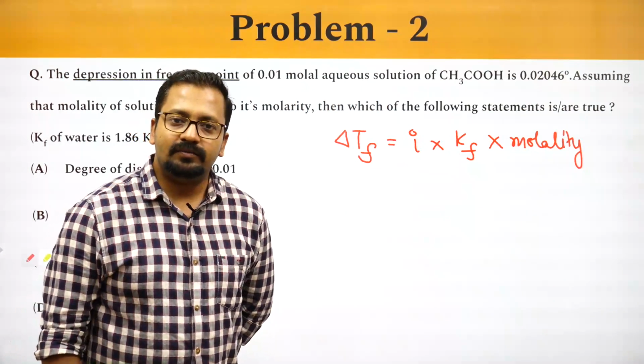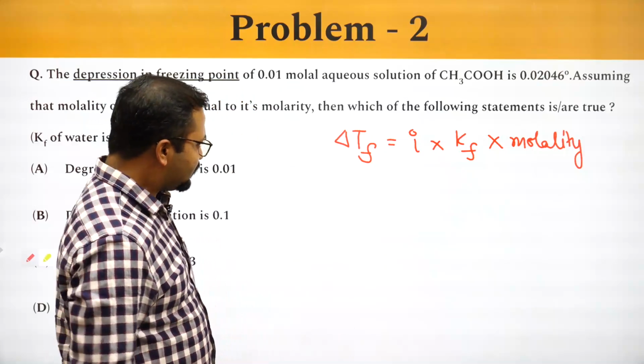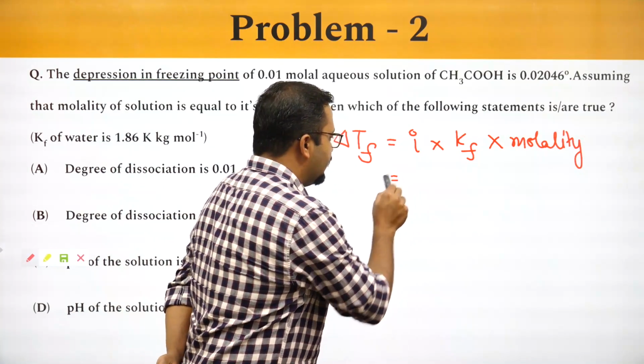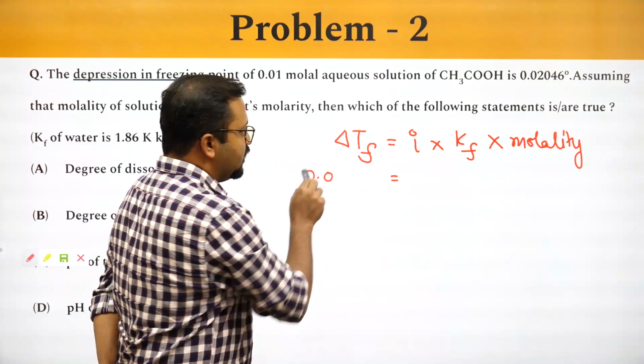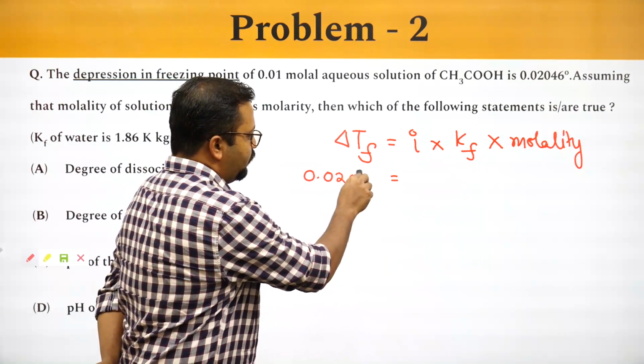This is known to everybody. So it's given that the depression in freezing point is 0.02046.